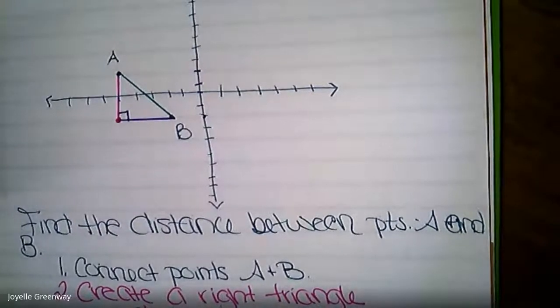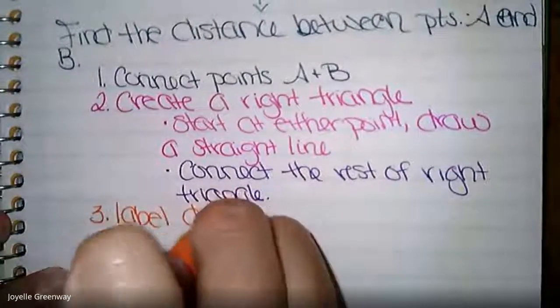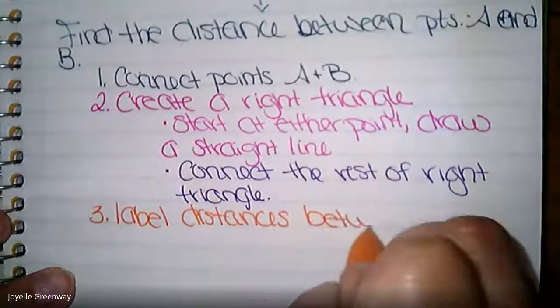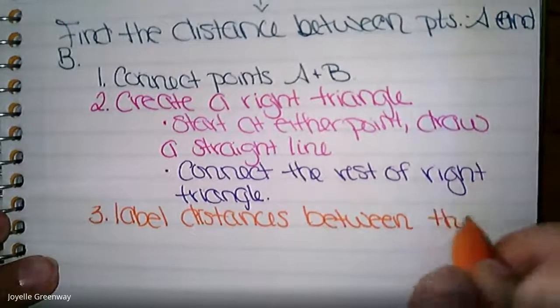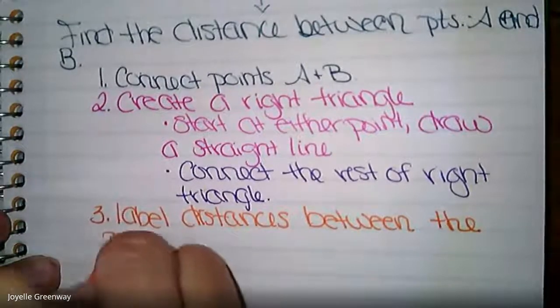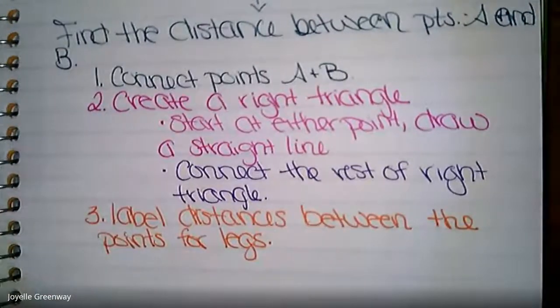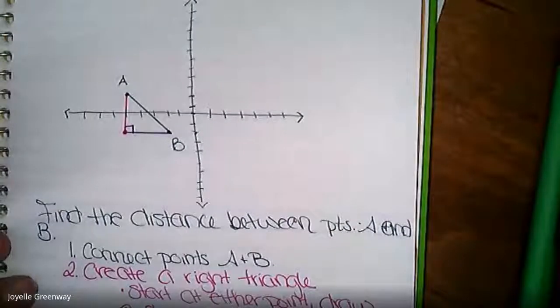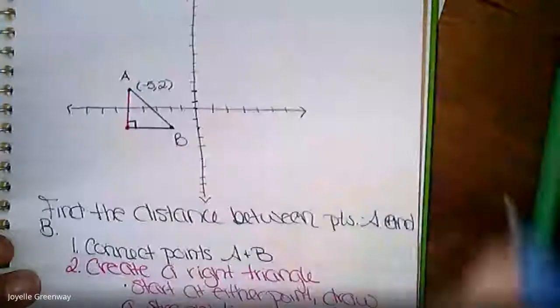So step 3 is to label your distances between the points for the legs. So we know that this point A was at -5, +2.